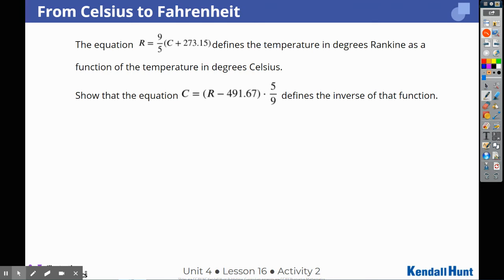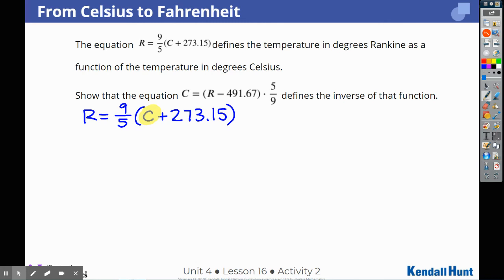I suggest let's just start with the first one. If we have R equals 9/5 times C plus 273.15, we need to solve this equation for C. Our goal is to isolate this variable here, and we'll get the inverse function. To do that, we cannot subtract 273 first.